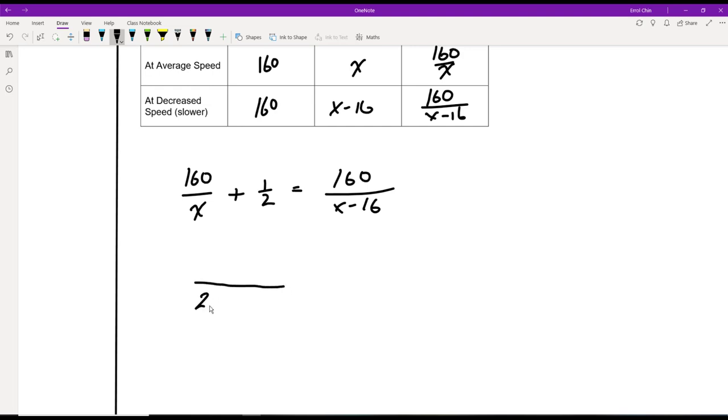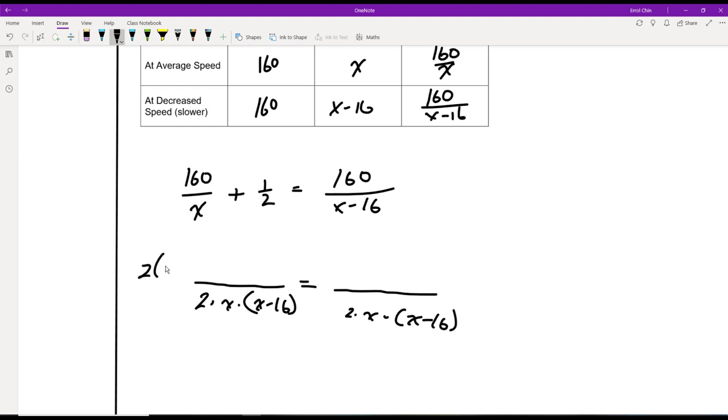Hopefully you would agree it would be 2 times x minus 16 is equal to 2 times x minus 16. And let me put brackets around that. All right, so I'm going to multiply 160 by 2 times x minus 16.